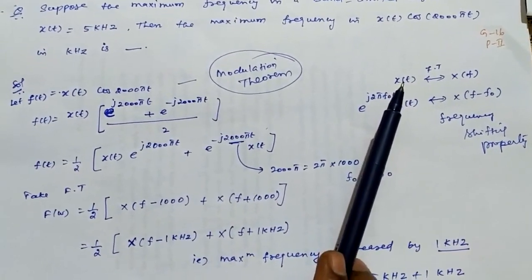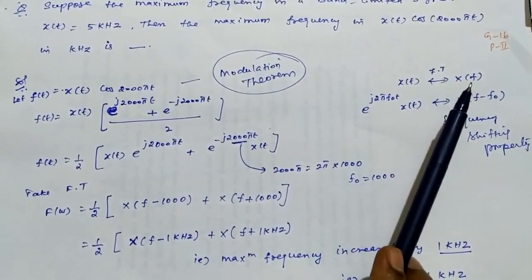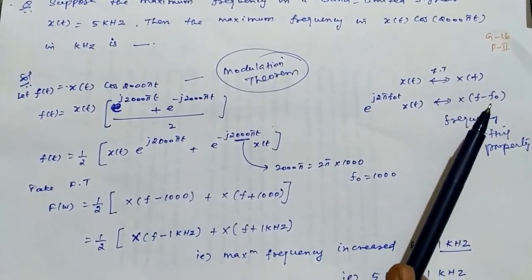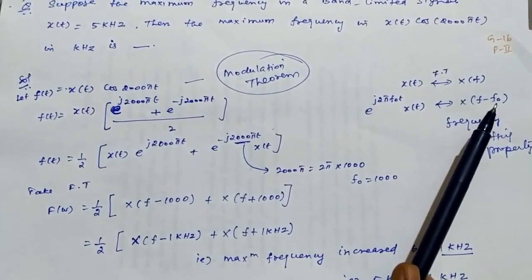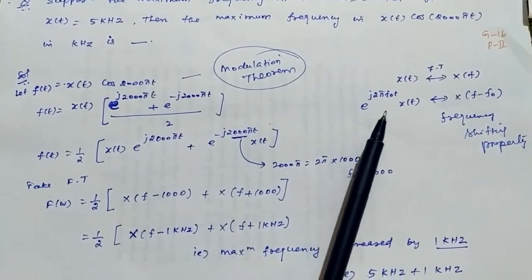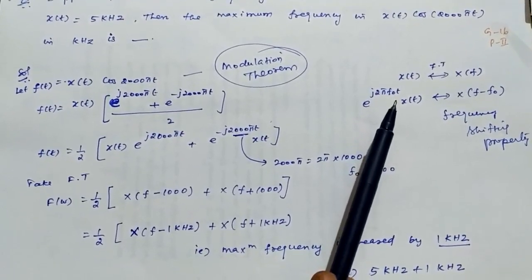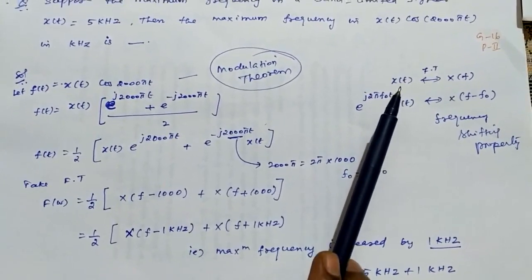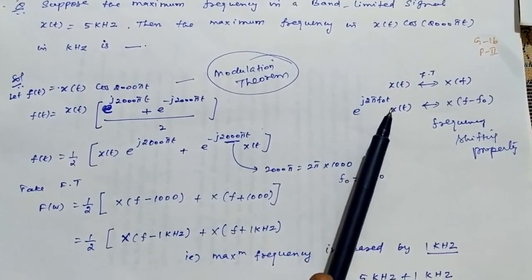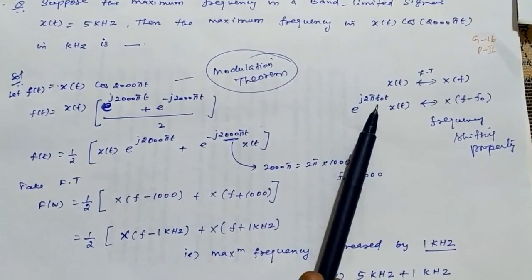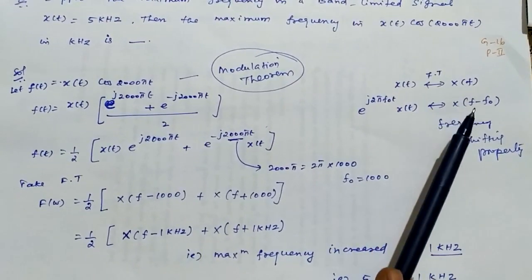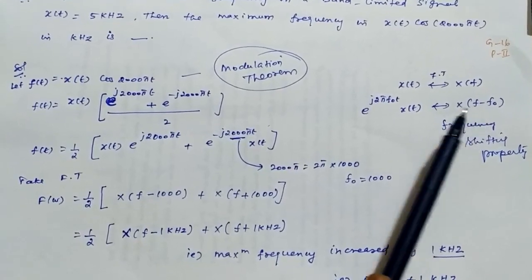Any signal x of t whose Fourier transform is X of f, when shifted in the frequency domain by f naught, the corresponding time domain change is just multiplying by e power j 2 pi f naught t. The result has the Fourier transform obtained by replacing f by f minus f naught.